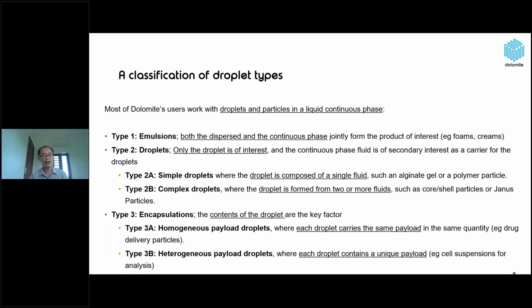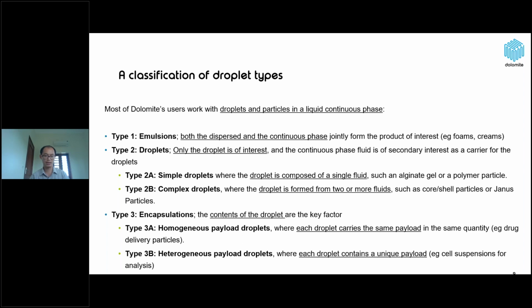We have 3 different types of droplet. Type 1 is emulsion, in which both the dispersed and continuous phase jointly form the product of interest, like foams or creams. Type 2 is the droplet, where only the droplet is of interest and the continuous phase fluid is of secondary interest, carrying the droplet.